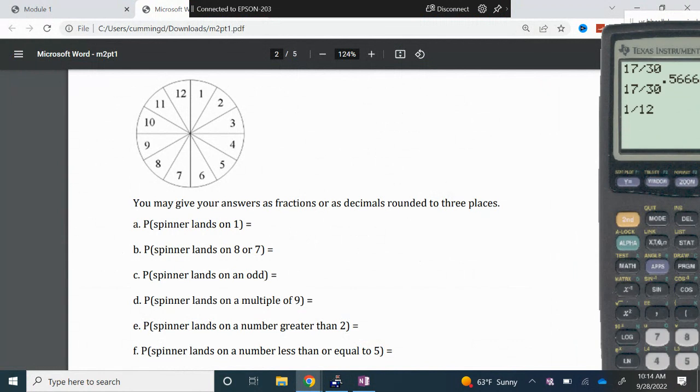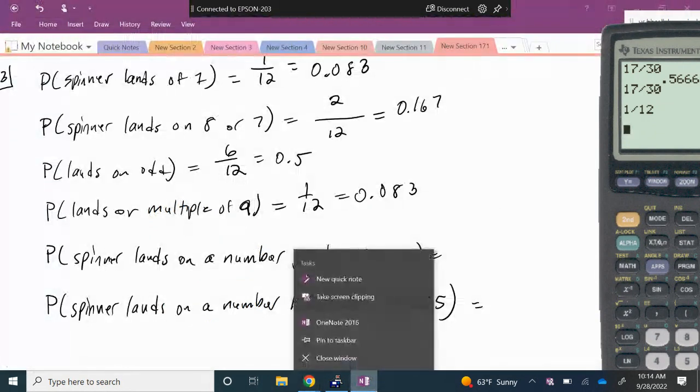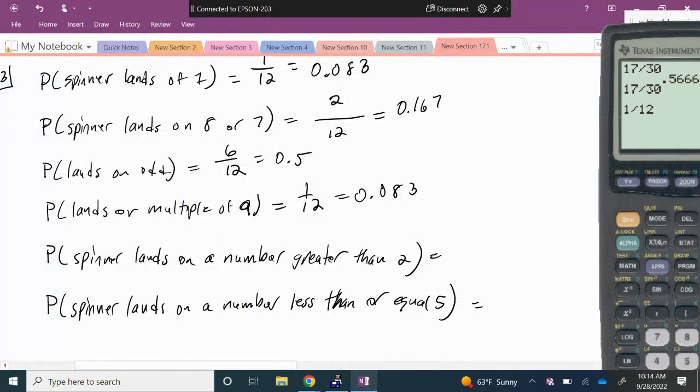But the numbers that are greater than 2 would be 3, 4, 5, 6, 7, 8, 9, 10, 11, and 12. So that gives us a choice of how many numbers? 10. So that probability is 10 over 12, which is 0.833.